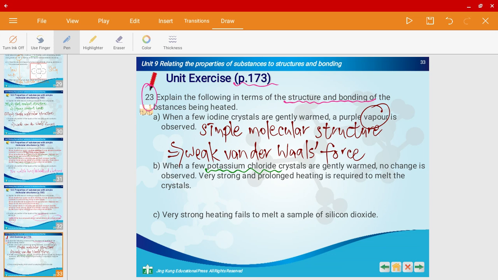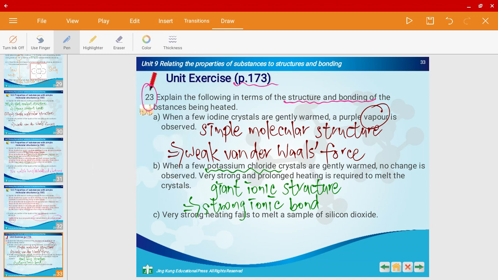So ionic compounds have giant ionic structures. For giant ionic structure, we know that they have strong ionic bonds. Hence why strong and prolonged heating is required to melt the crystals.